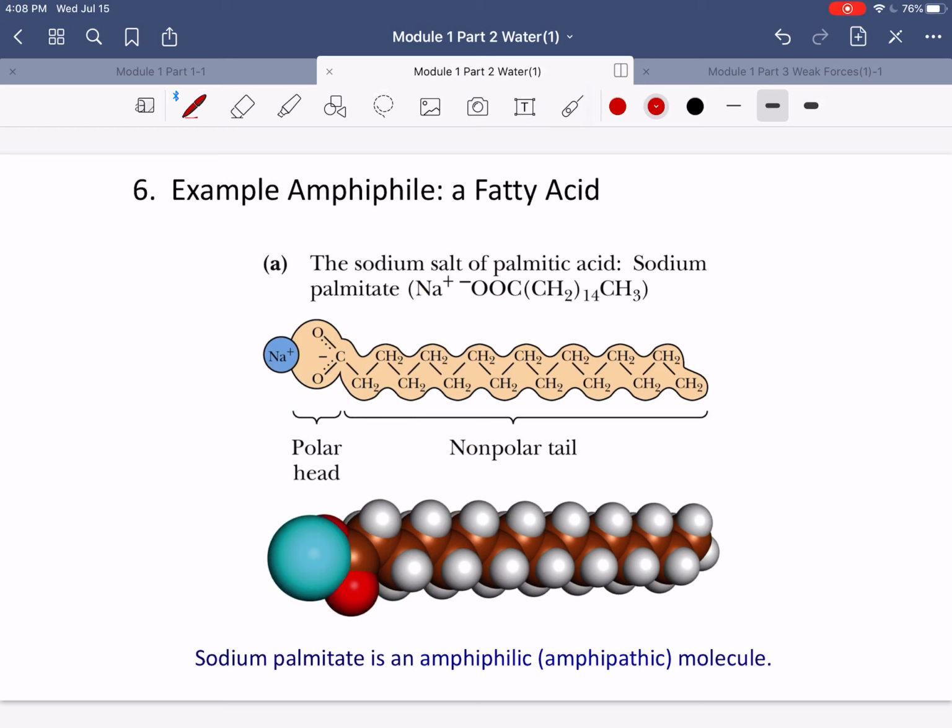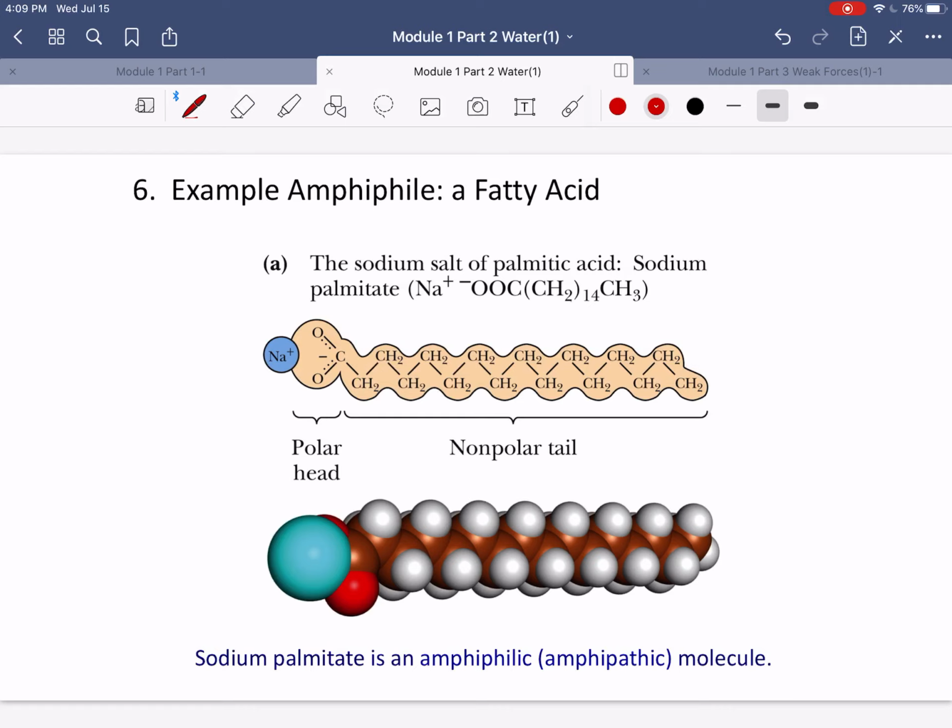First, let's look at the structure of an example amphiphile, a fatty acid. Fatty acids are components of lipids, which we'll talk about as we go farther along in the semester. But let's introduce them here because they're such a great example of what we were talking about on the last slide, an amphipathic or amphiphilic molecule.